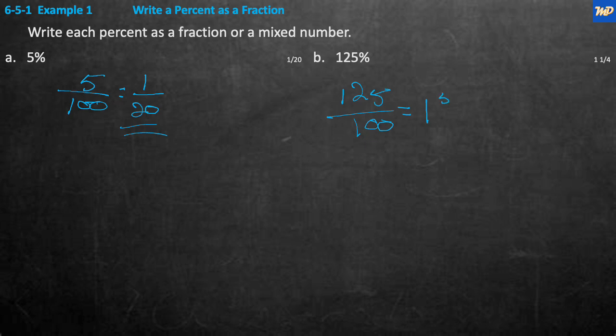So 1 and 25 100ths. But this is not in lowest terms. We can reduce this. 25 goes into itself 1 time, and 25 goes into 100 4 times. The answer is 1 and 1/4 as a mixed number. So we just wrote a percentage as a mixed number.